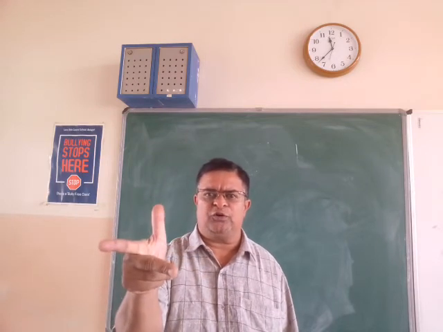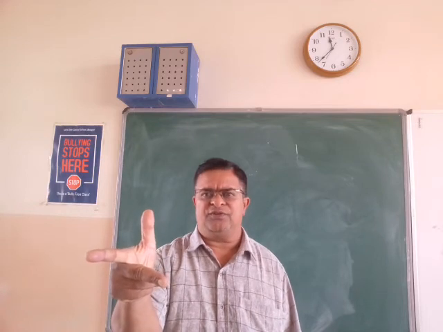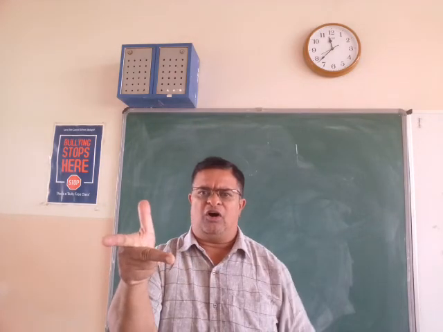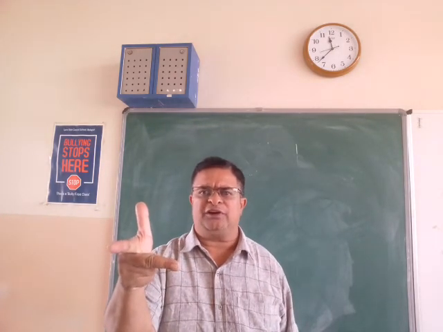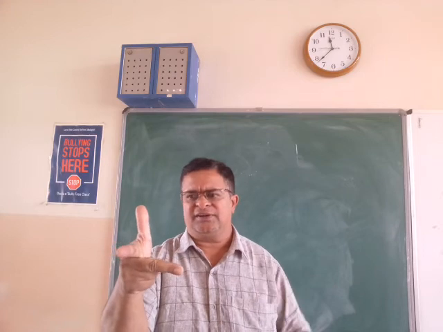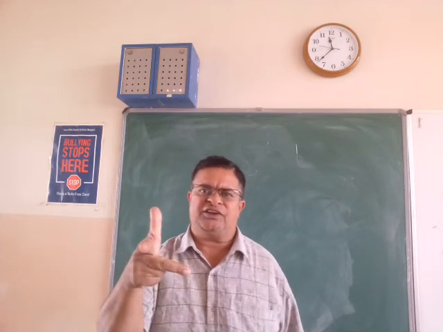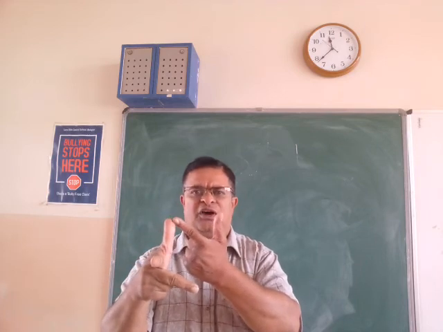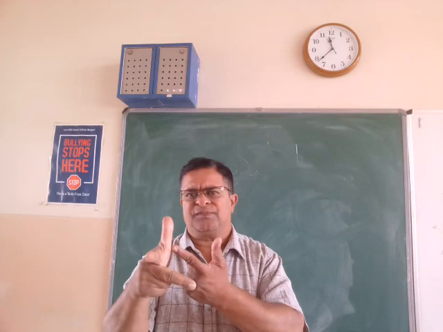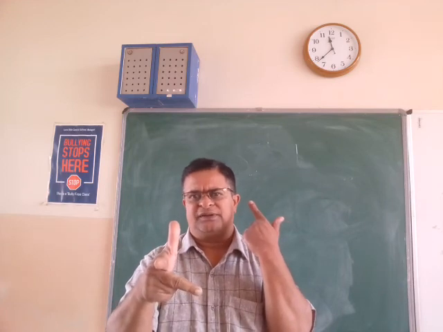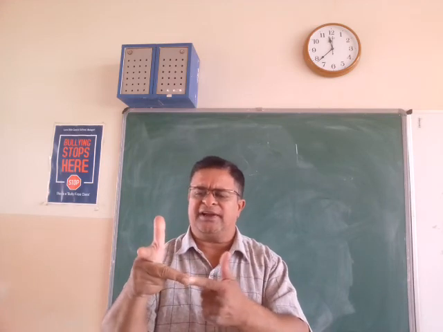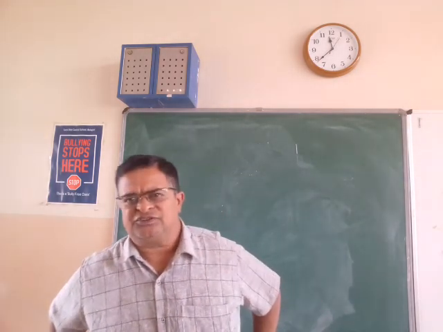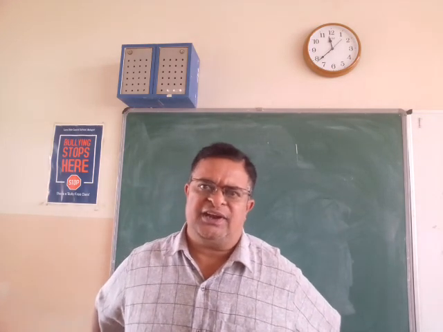This Fleming's right hand rule or generator rule states that if you hold the thumb, the index finger and the middle finger of your right hand mutually perpendicular to each other, such that the index finger indicates the direction of magnetic field, the thumb indicates the direction of motion of the conductor, then the middle finger indicates the direction of induced current. Now this is about the generator rule or Fleming's right hand rule.